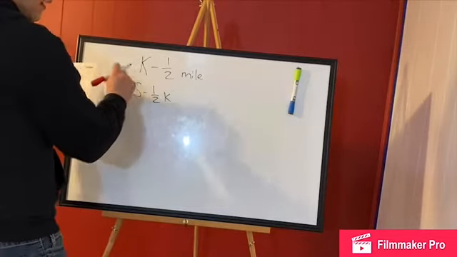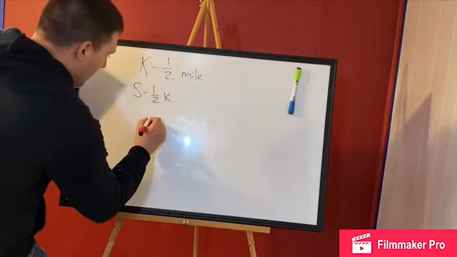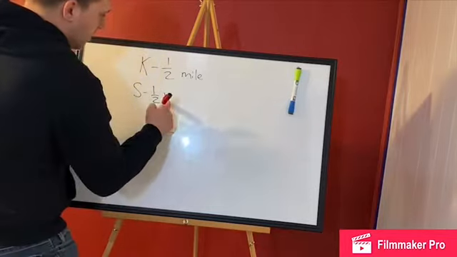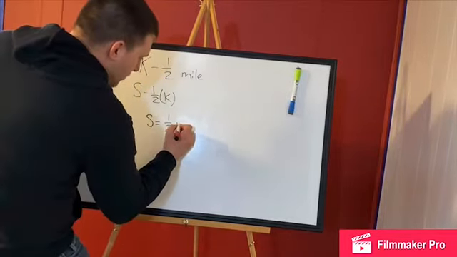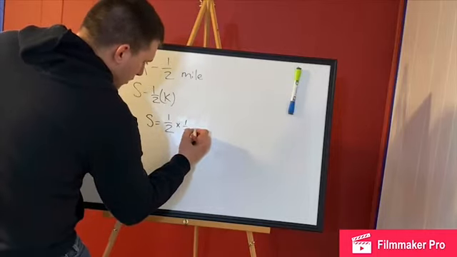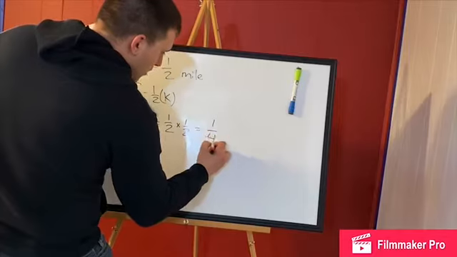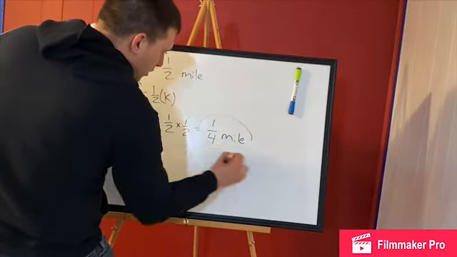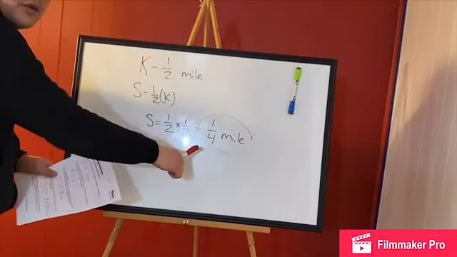So we know K is a 1/2 mile. So this means that we have S equals 1/2 times K, which is 1/2, which means Serena ran 1/4 mile. Okay? And again, this is for number 11.